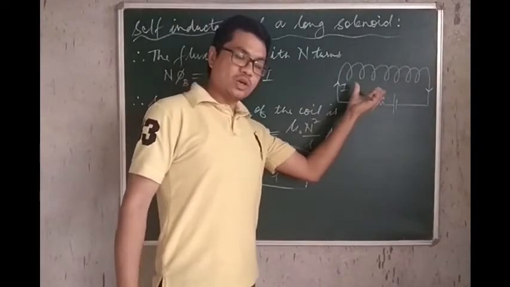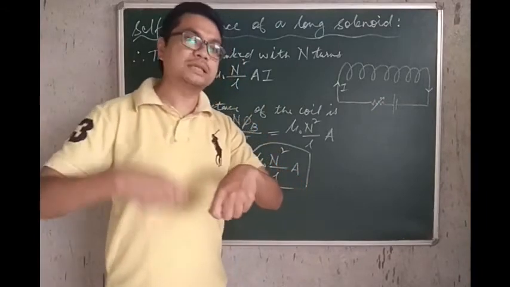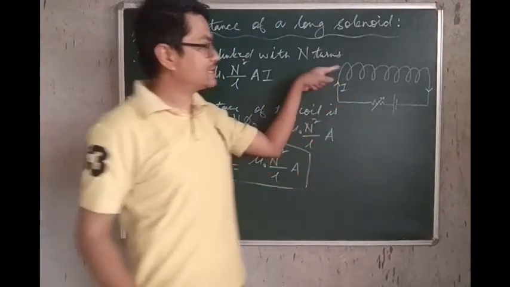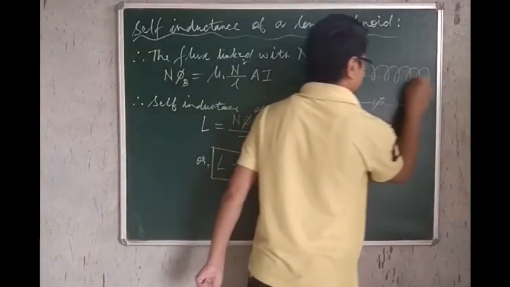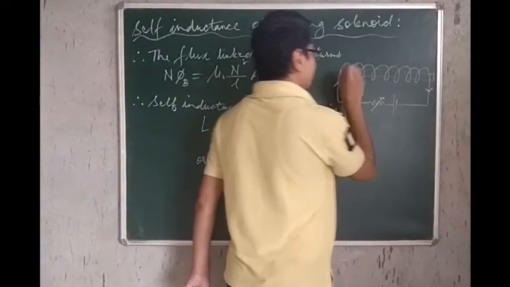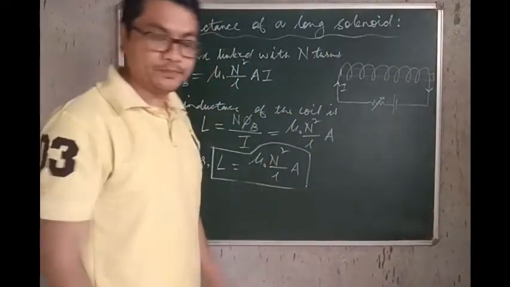Furthermore, if this coil is wound on a certain material which is acting like a core, so we have a core over here of a certain material, and the permeability of this material is mu.